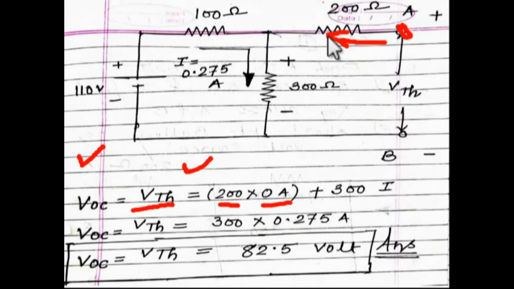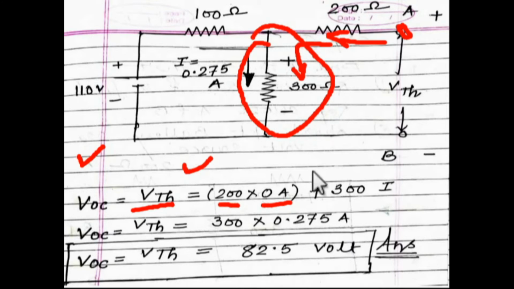Then come here at this resistance. You are entering at the positive point, so what will be the voltage drop across this resistance? Plus 300I. Always remember the voltage drop, because you are entering at the positive terminal of the resistance, so it will be plus. Then 300, the voltage drop will be 300 into I, meaning 0.275, which you already calculated.